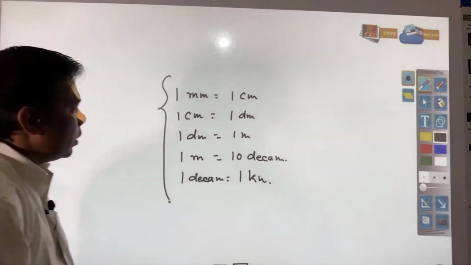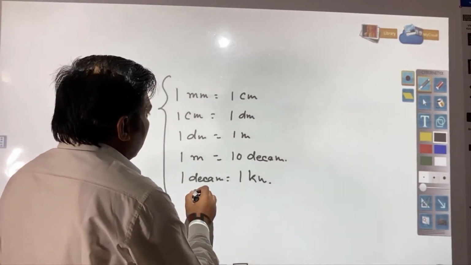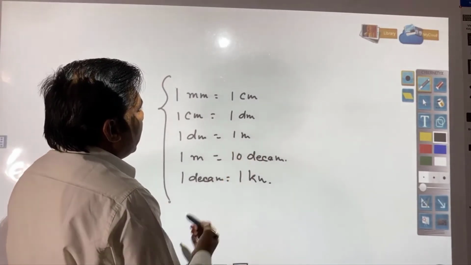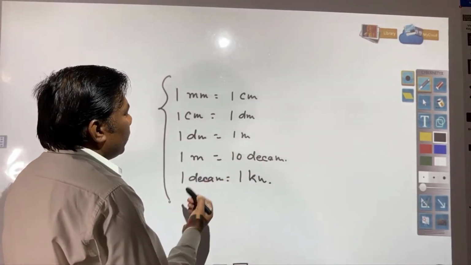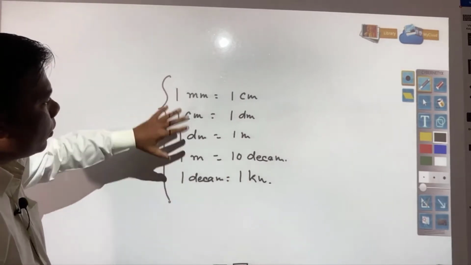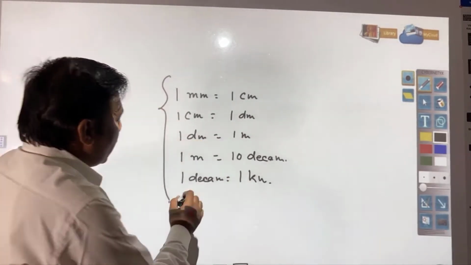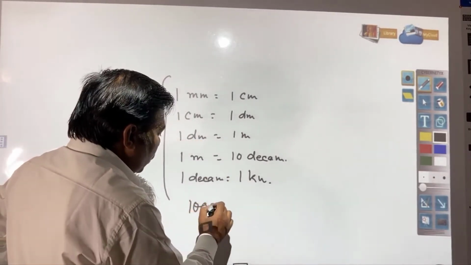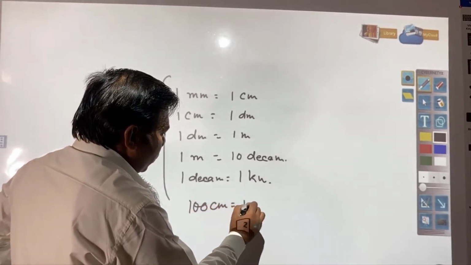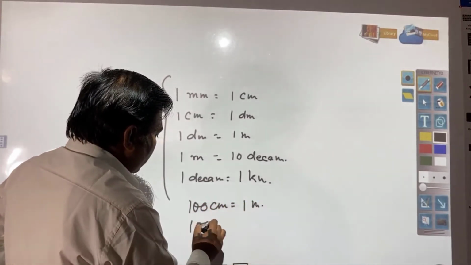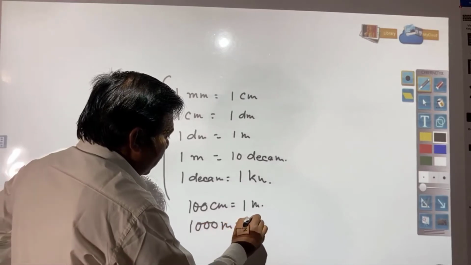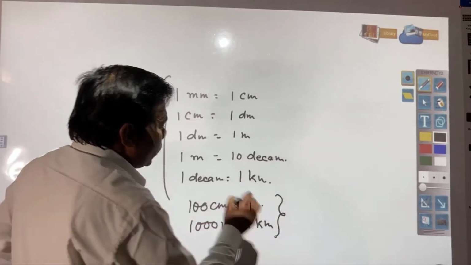Then it comes to area. If area has been given, or in this also, a few things are there to remember. Here you see, 100 centimeter is equal to 1 meter, and 1000 meter is equal to 1 kilometer. These things you must remember.